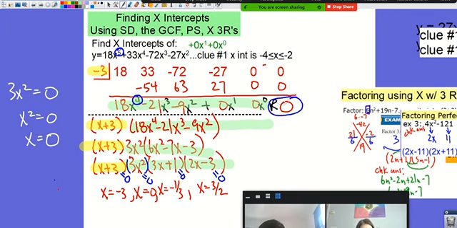Remember, this -3 as an x-intercept, written in factored form, is the opposite. There's always going to be an opposite relationship between these two. If this is -3, that's going to be +3.